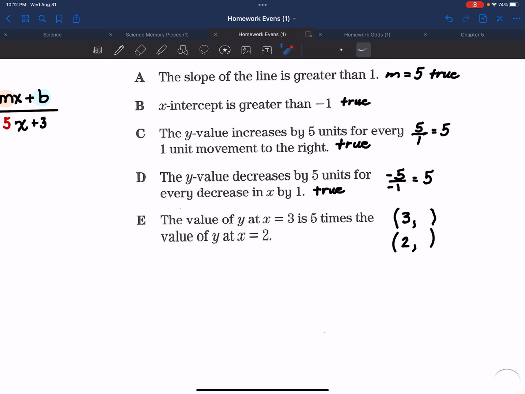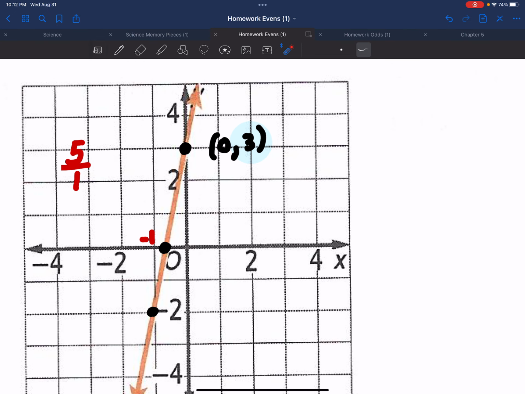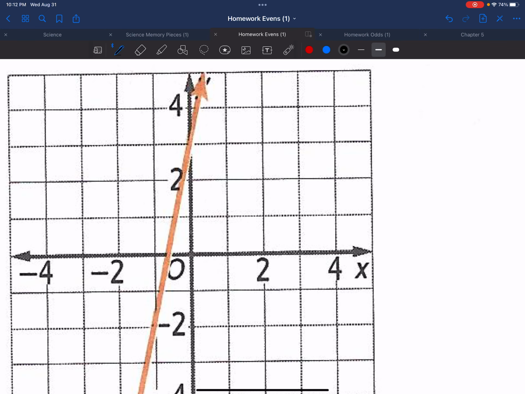This is tricky. It's very tempting. Let me go back to my definition of slope. I'm going to draw slope in again. We've got all that anyway. I want you just to watch what I'm doing here. Don't get excited. Just watch what's happening.